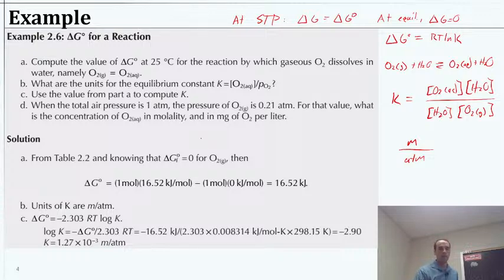Okay, and we derived this equation before, which is essentially just converting the natural log to a log. That's what the 2.303 is doing. Okay, so we can then get that value. K is 1.27 times 10 to the minus third moles per kilogram per atmosphere.